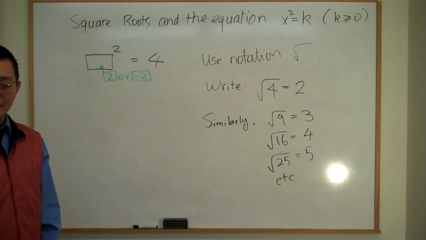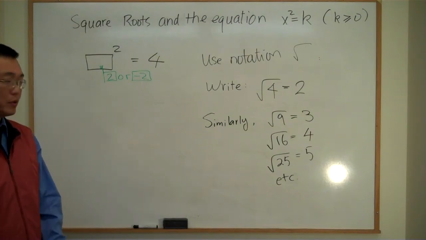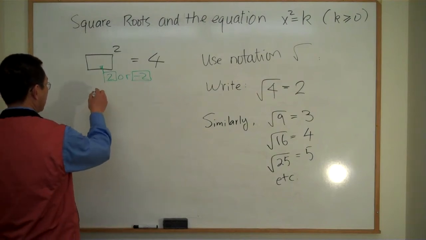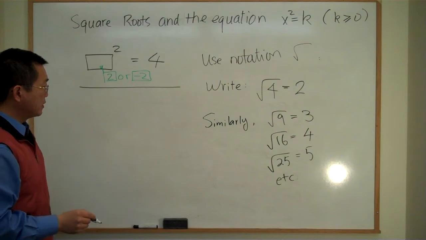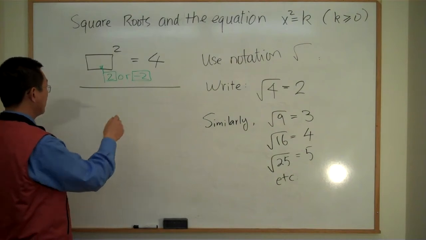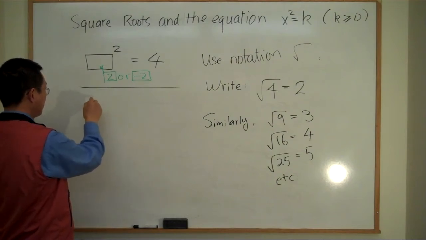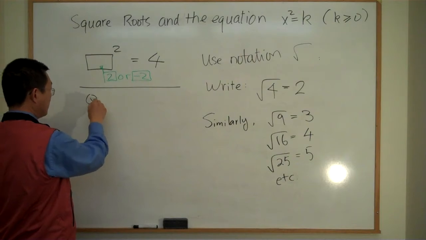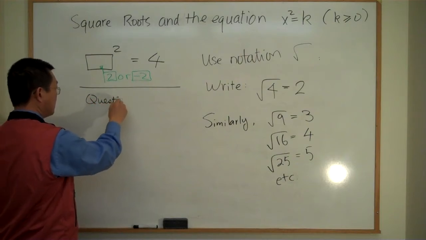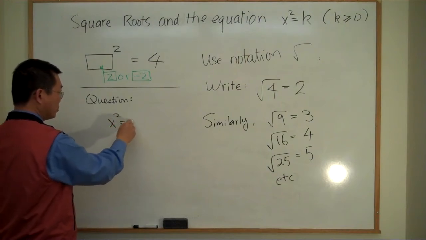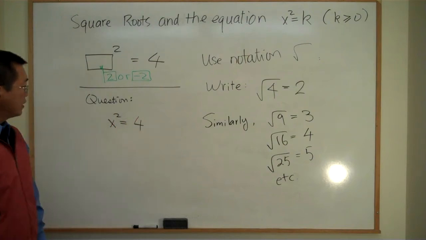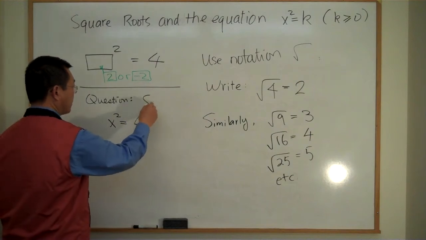Now that being said, how about negative 2? This is how we see it. Say if I want to solve x squared equals 4.